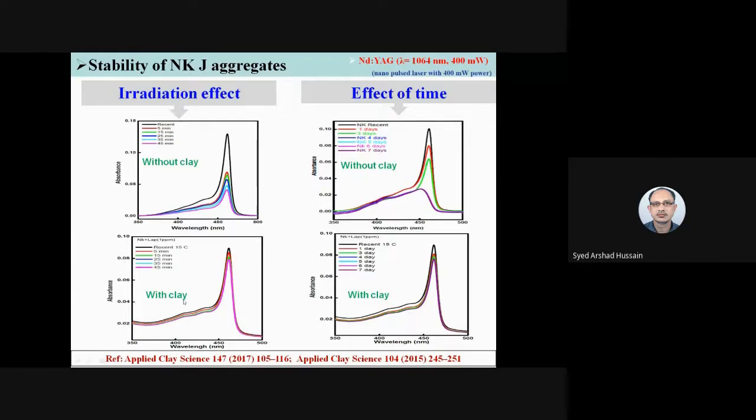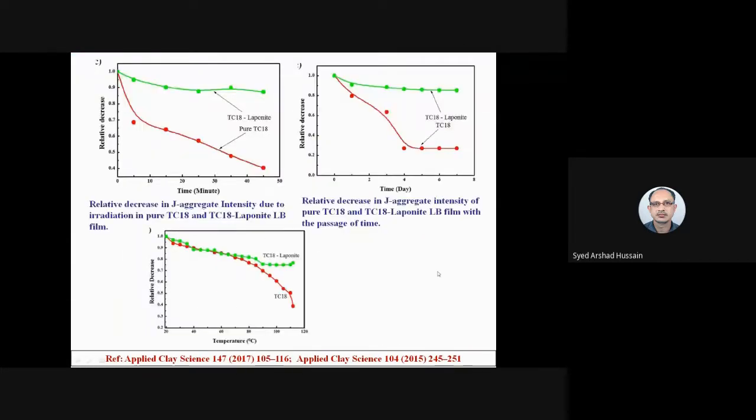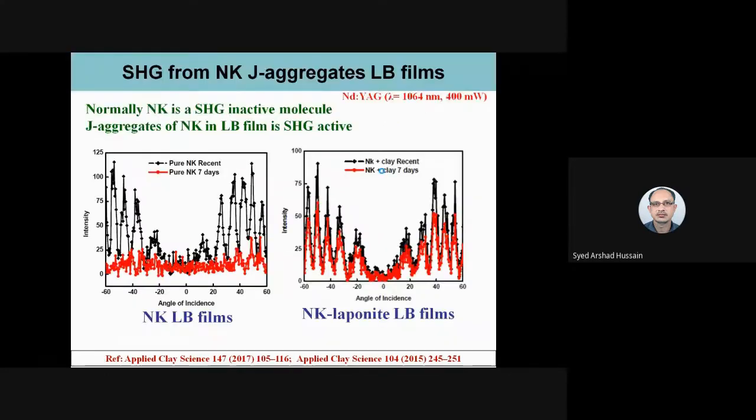We prepared it using a cationic dye, without clay and with clay, and characterized using spectroscopy. You see, without clay, the organization or specific aggregation required for the nonlinear optical effect changes, but if there is clay, it is stable. Then you see the SHG signal.